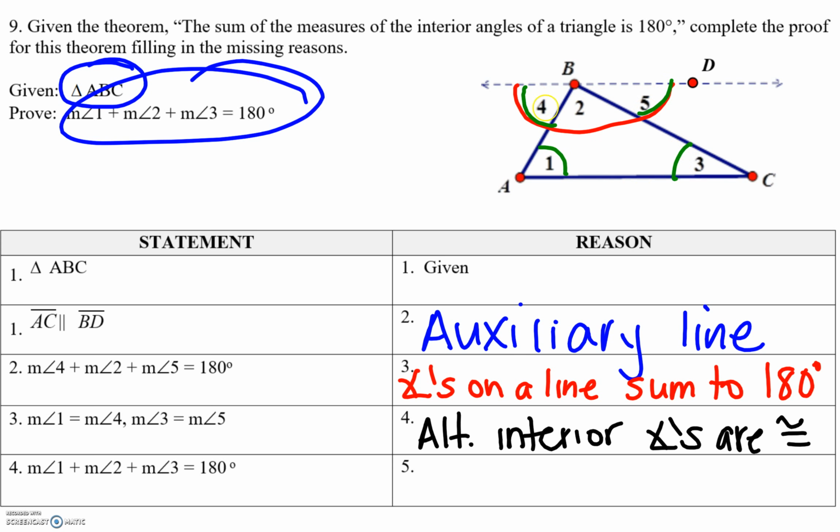So look at our markings. If we know these two are congruent, we could substitute in a number 1 there. If we know 3 and 5 are congruent, we could substitute a 3 in there. That's how we got the measure of angle 1, 2, and 3 is equal to 180, and the reason is by substitution.